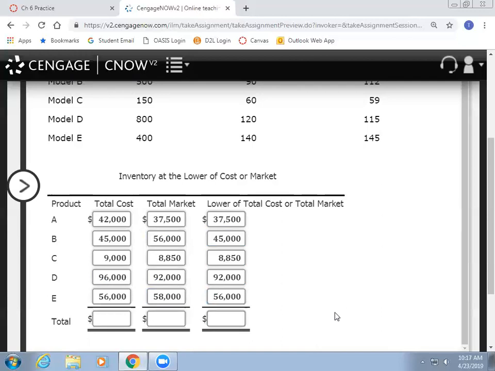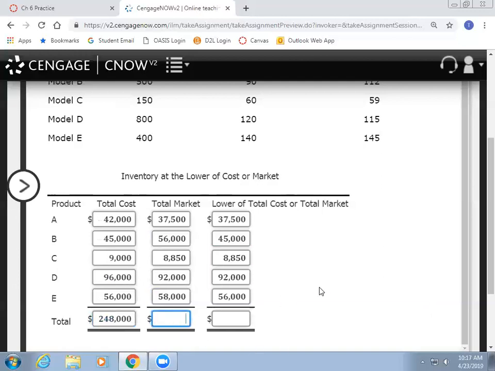So our total cost was what, 248,000? The total market cost was 252,350.